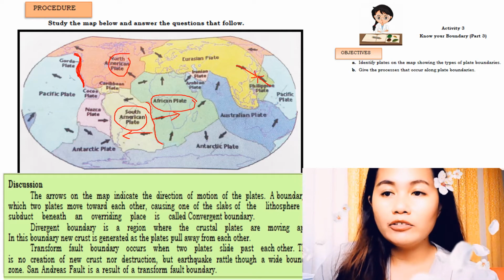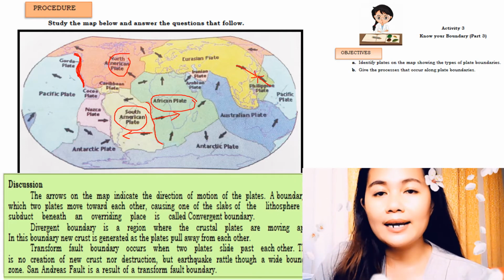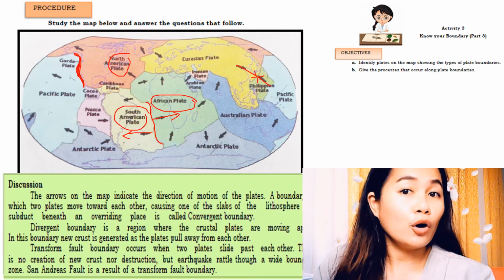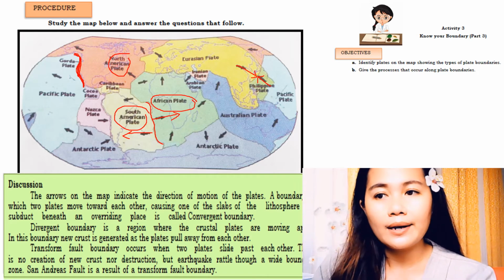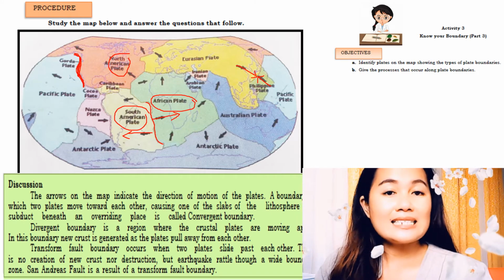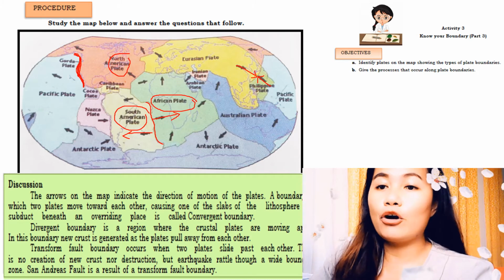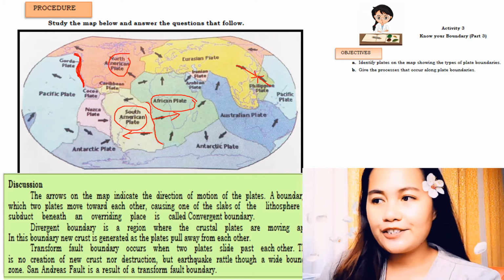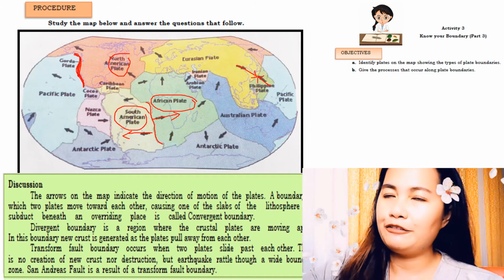Transform fault boundary occurs when two plates slide past each other. There is no creation of new crust, nor the destruction of old one, but earthquakes rattle through a wide boundary zone. San Andreas Fault is a result of transform fault boundary. San Andreas Fault is found in Los Angeles, California.